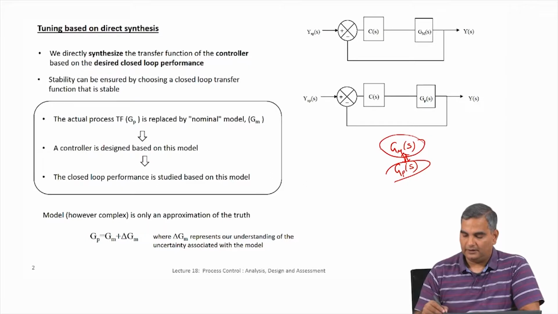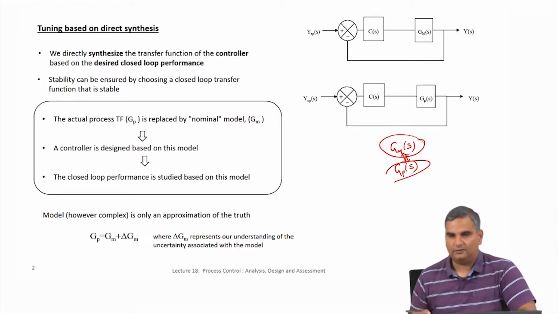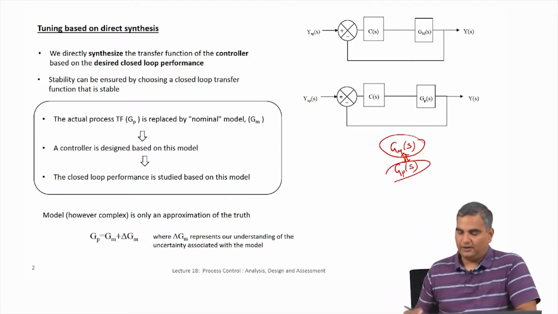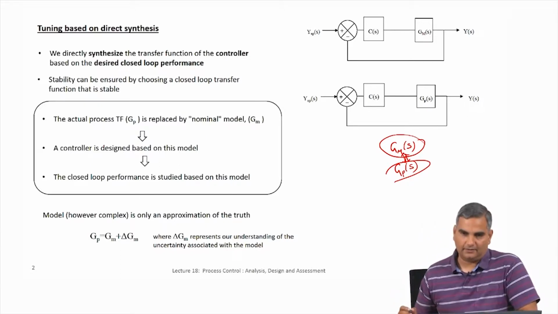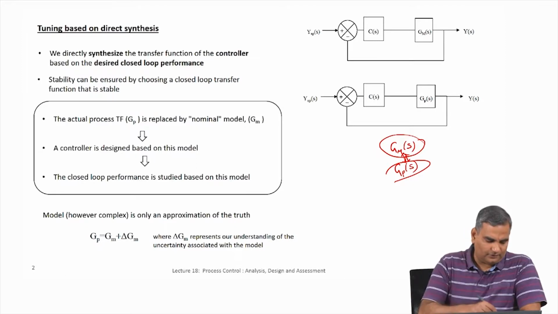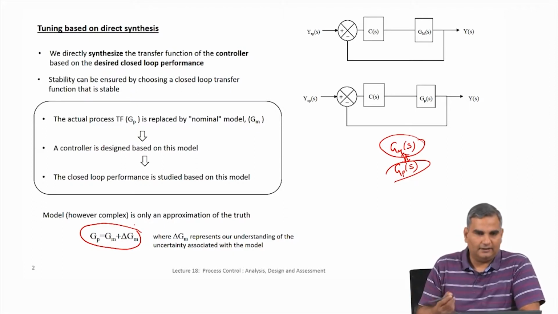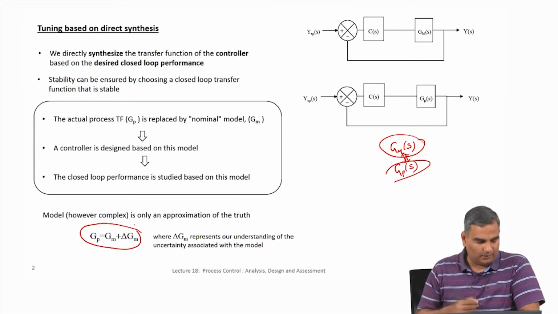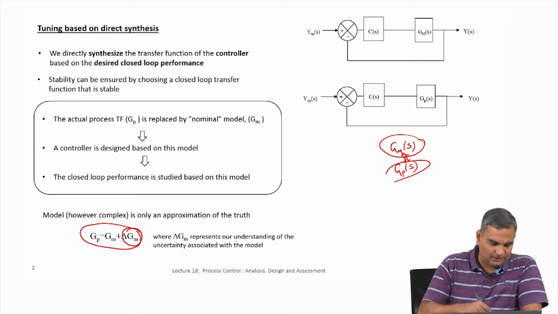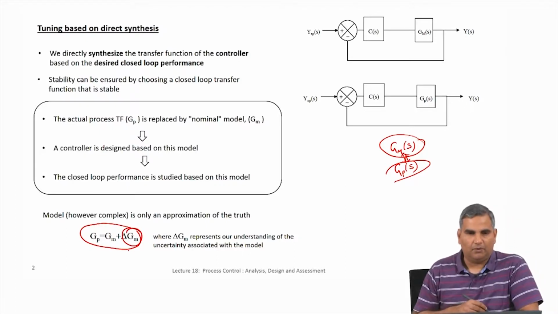So you might think of the model transfer function GM, which is supposed to be a faithful representation of the process, as GM plus delta GM, in a very simple conceptual idea: there is a model that I have, and anything left over between the model and the process, let me call that delta GM. This is in some sense the uncertainty associated with our modeling.